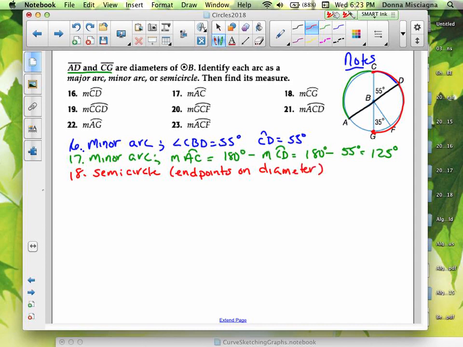That means that arc CG is 180 degrees. Sometimes I write in the M for measure, and sometimes I just leave it off. It's understood. We're doing measures here.